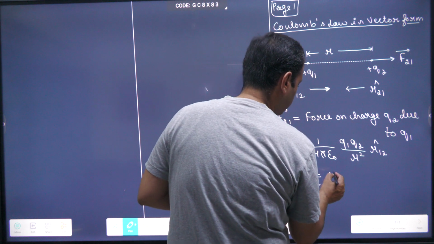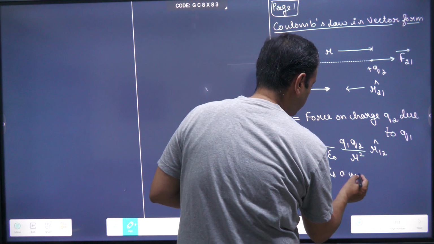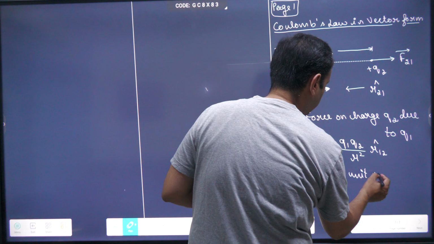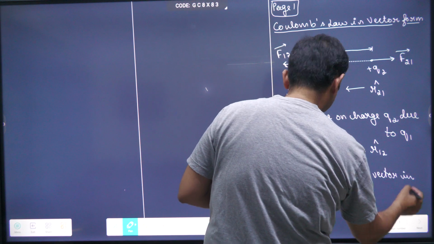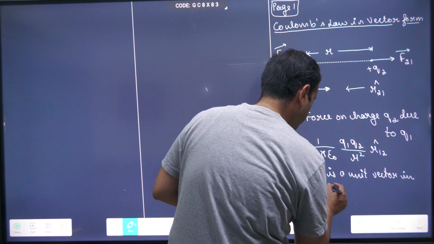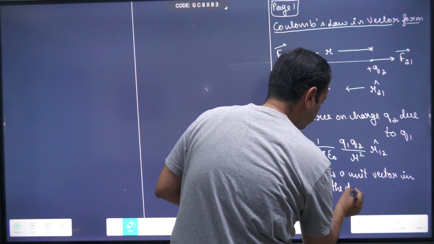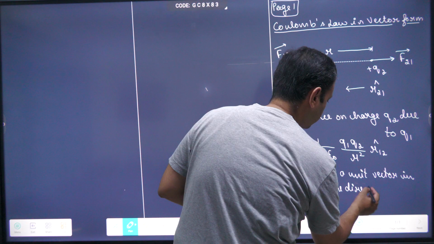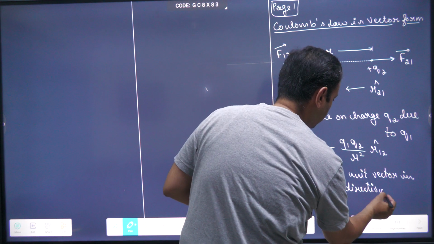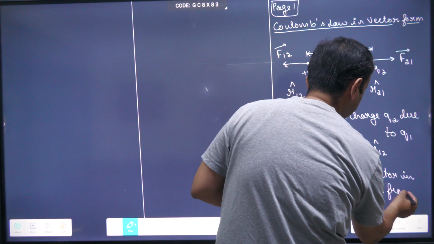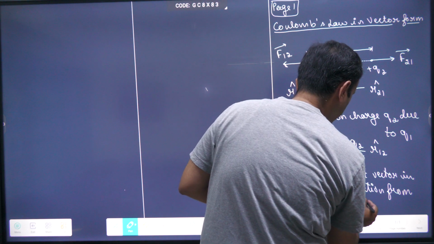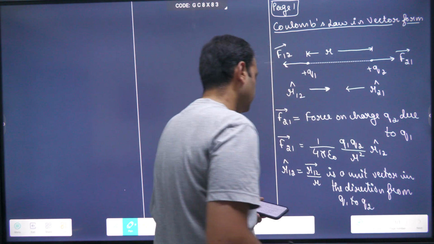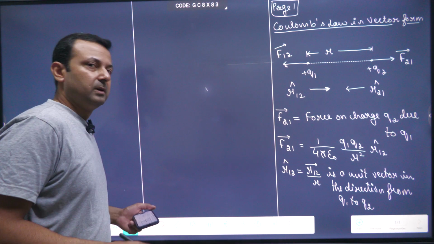It is a unit vector in the direction from q1 to q2.